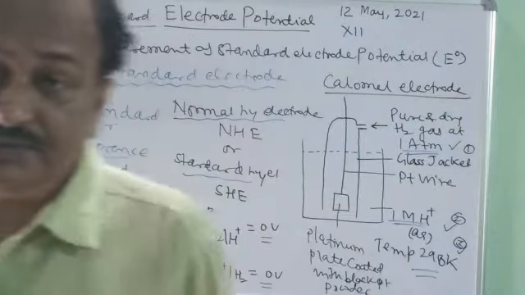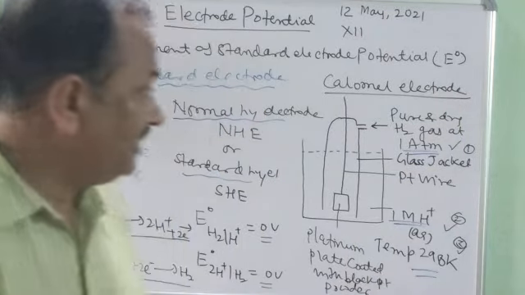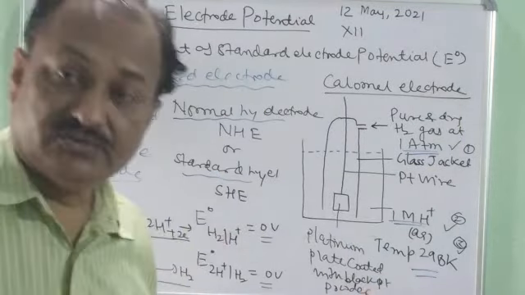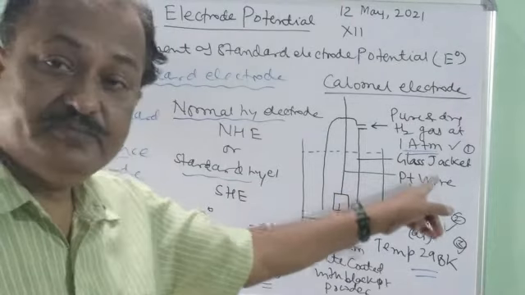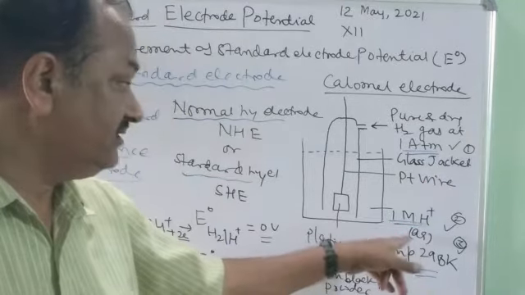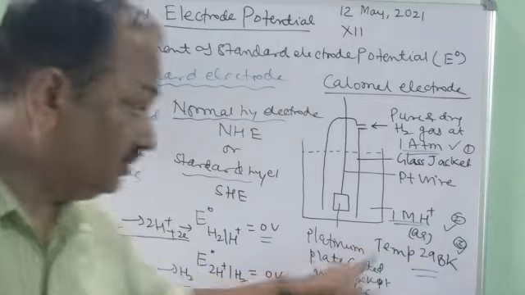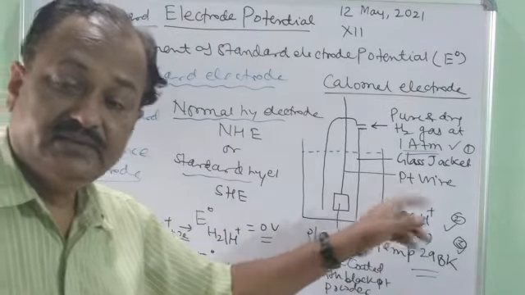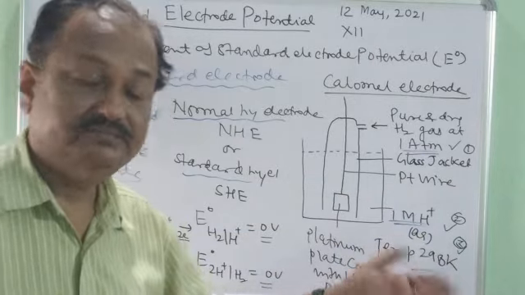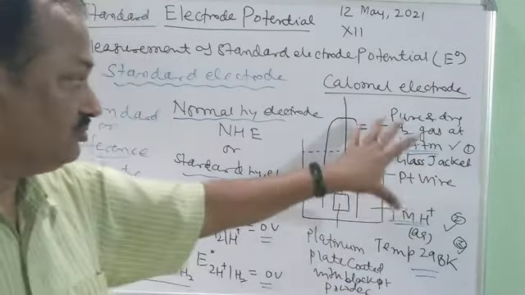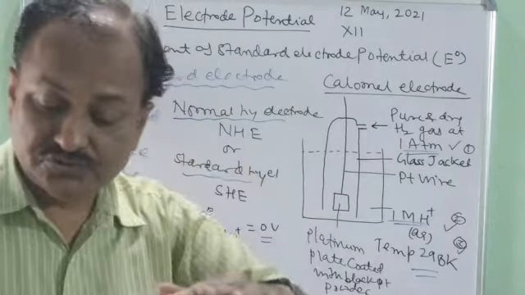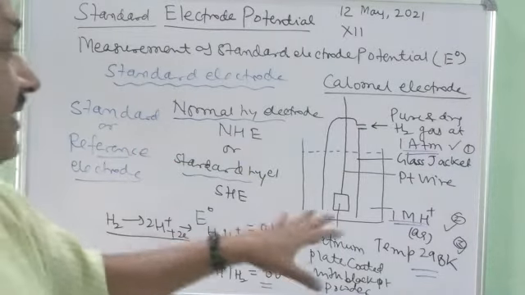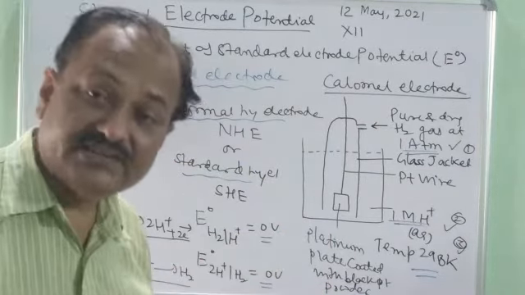What is important is that in a standard electrode, hydrogen gas is passed to maintain the standard of 1 molar, because as the hydrogen ion present undergoes oxidation, it will undergo reduction. So hydrogen gas is passed to maintain the standard strength of the solution.